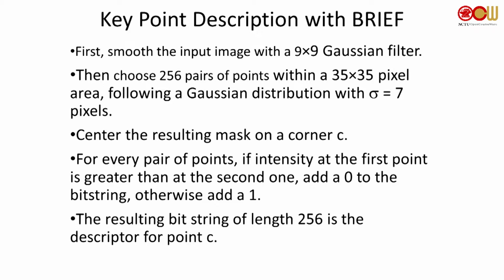Center the resulting mask on a corner C. Here comes some kind of testing again. If the intensity at the first point is greater than at the second one, add a 0 to the bit stream, otherwise add a 1. So this is kind of similar to the FAST detector. Finally, we will get a bit stream of zeros and ones of length 256. It will become the descriptor for C.